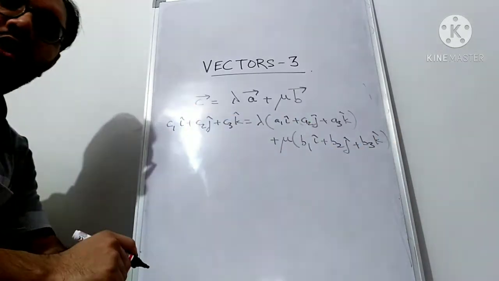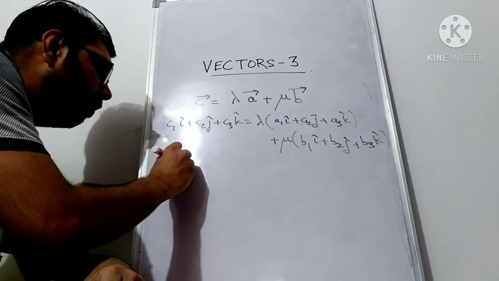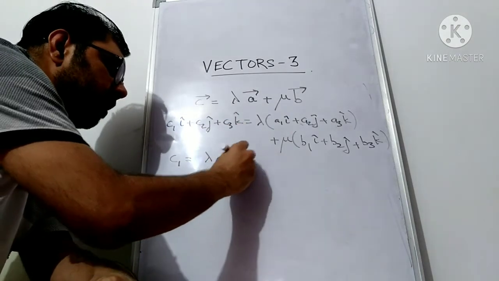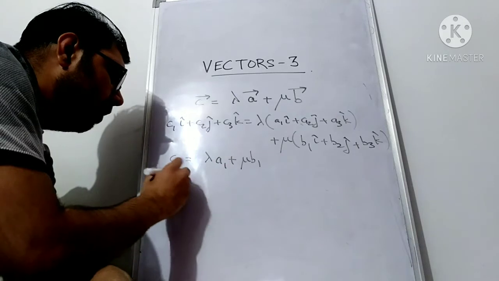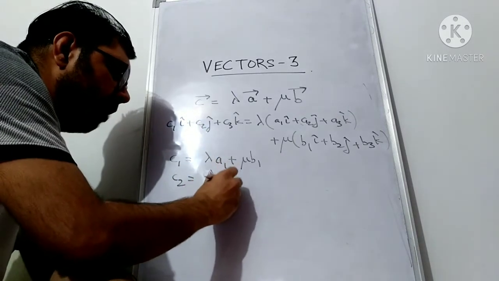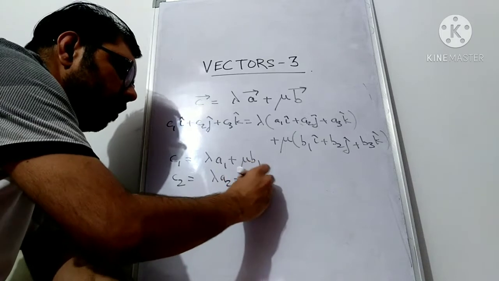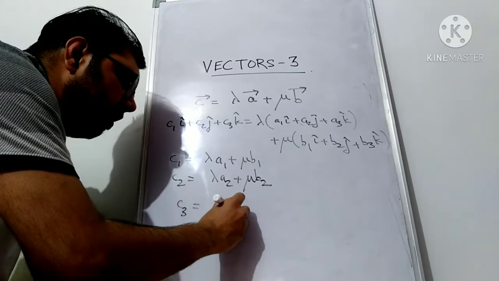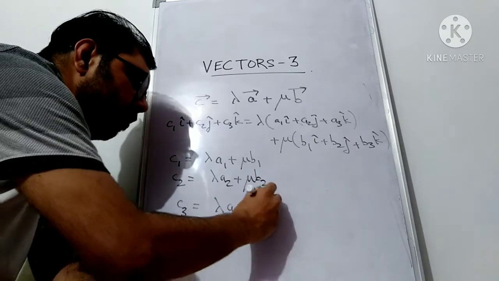Now if we compare the coefficients, the coefficient of i cap is c1, and here it is lambda a1 plus mu b1. Similarly the coefficient of j cap is c2, and here we have lambda a2 plus mu b2, and the coefficient of k cap is c3, and here lambda a3 plus mu b3.